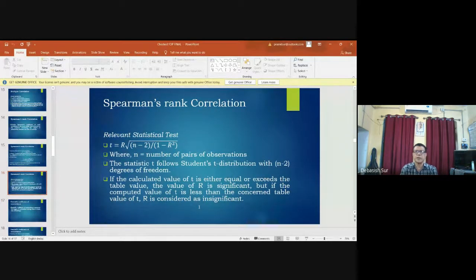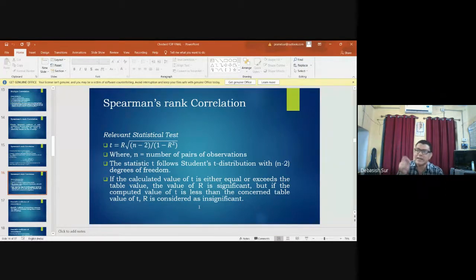Here also, in order to examine whether the computed value of Spearman rank correlation coefficient is statistically significant or not, t-test is used. Here t equal to just the same formula. In case of Pearson correlation coefficient, we find Rxy into root over n minus 2 divided by 1 minus Rxy square.